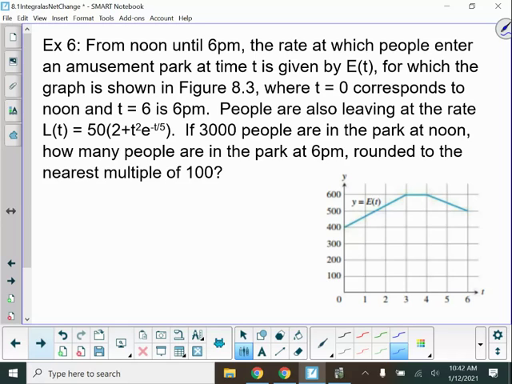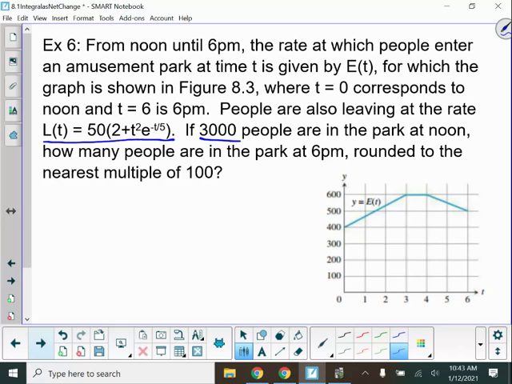T equals 0 corresponds to noon, and t equals 6 is 6 p.m. People are also leaving at the rate of this equation. If 3,000 people are in the park at noon, how many people are in the park at 6 p.m., rounded to the nearest multiple of 100? So we're going to have 2 zeros at the end of our answer.